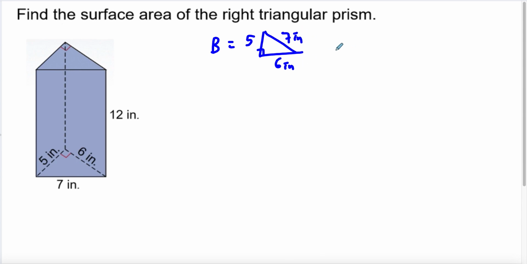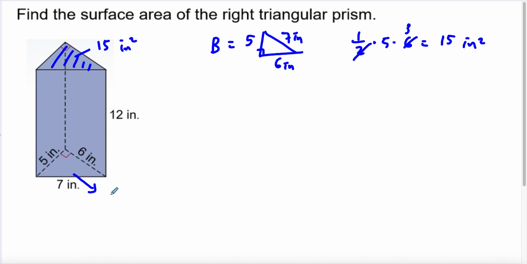How do we find the area of the base? Base times the height divided by 2. So 1/2 times 5 times 6, which is 15 square inches. That's one base area. So this triangle is 15 square inches. Then the other triangle has 15 square inches of area, right?